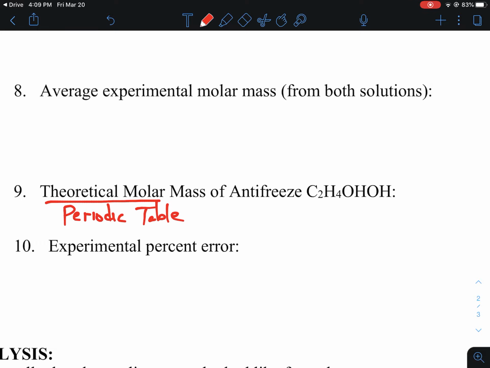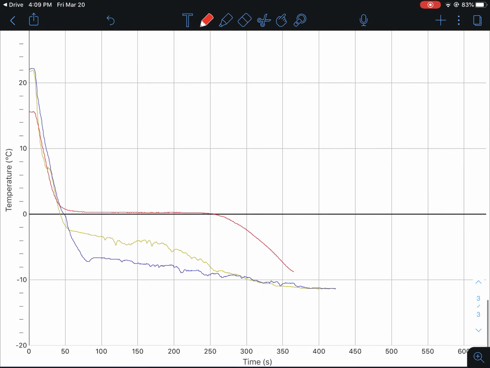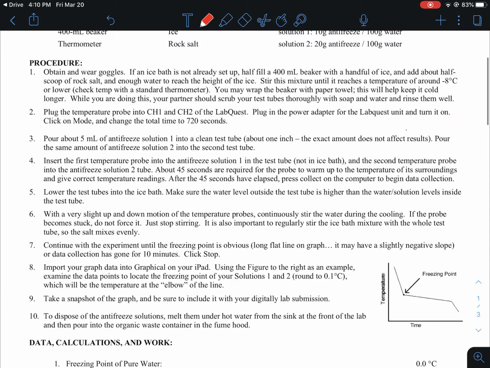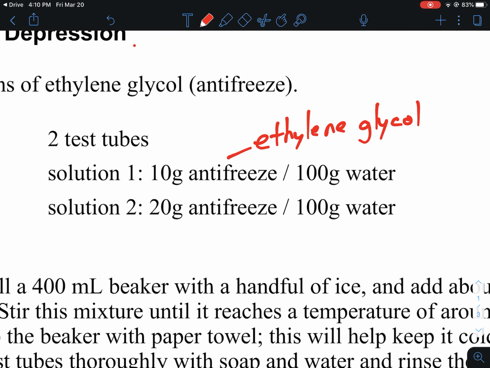But the cool thing about this lab is that we are going to actually track the freezing points of these two solutions as they freeze. And from that information, coupled with the concentration information we have here, it actually gives us the mass of solute in the mass of water.